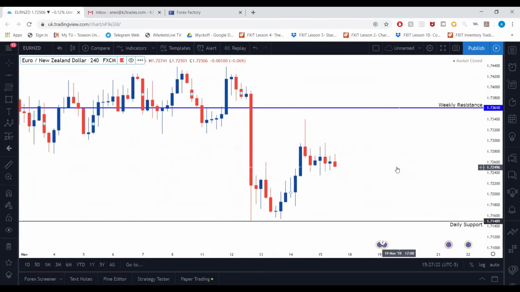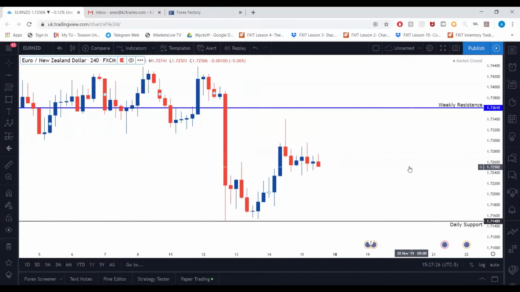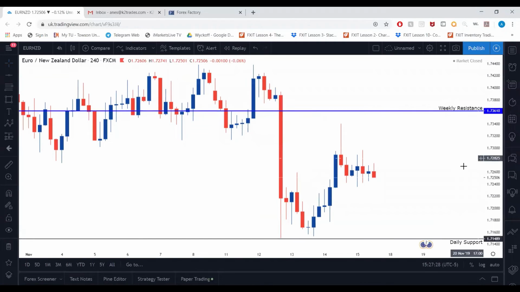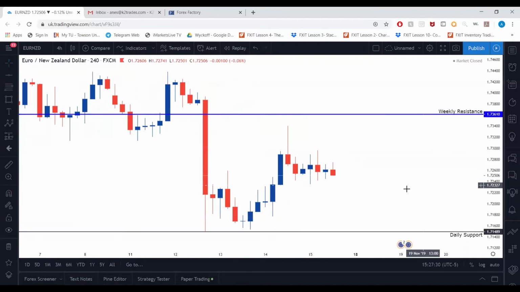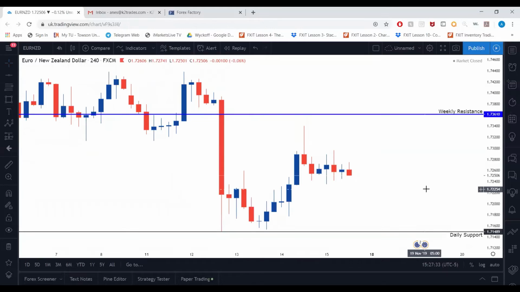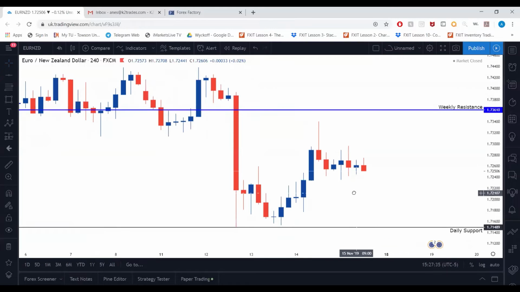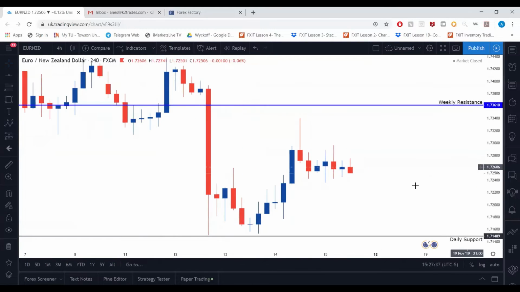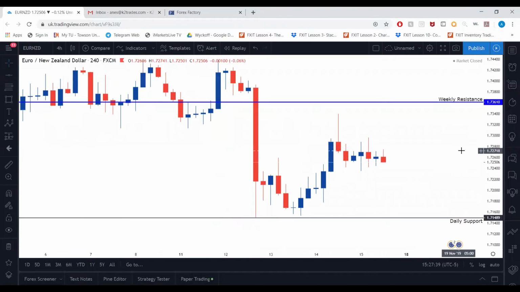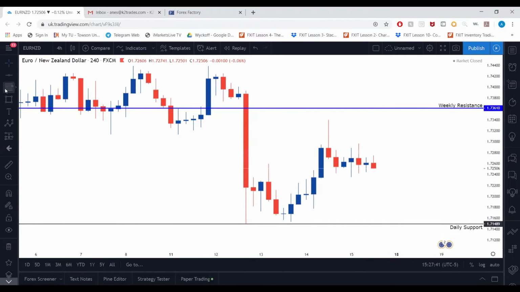The market made a nice trick: a lot of sources reported they were forced to cut the interest rate down to 0.75, but what actually happened is they just kept the rate at 1.0, and therefore the NZD was very bullish.